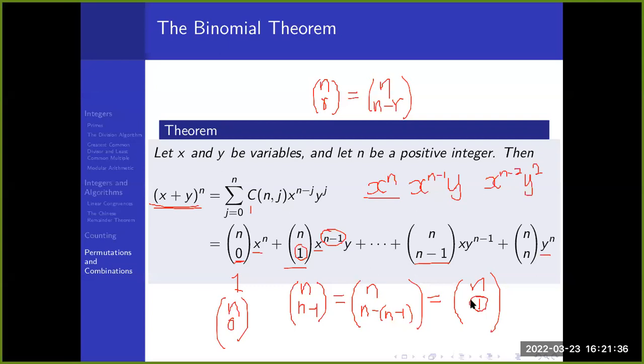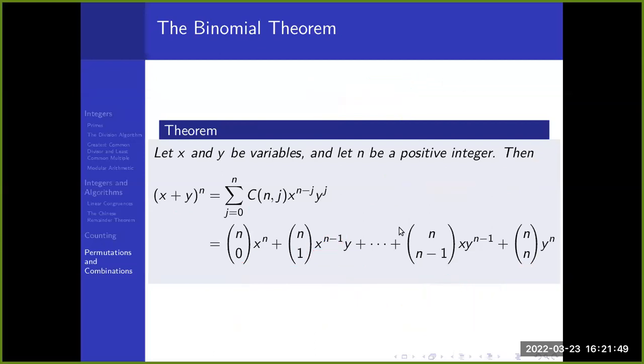So it doesn't matter which one you put, whether you put this one or that one, it is the same value. So you go on with the same fashion until you have all the coefficients, and that gives you the binomial formula.